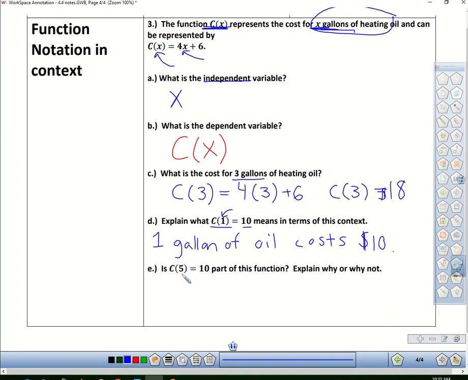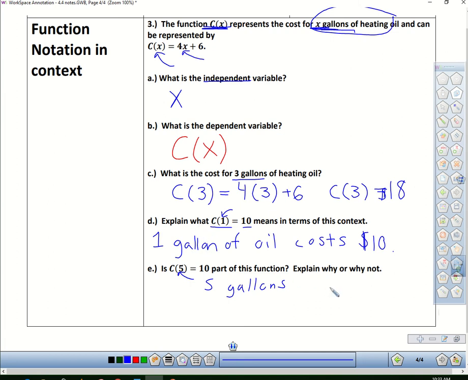Yeah. And the next one says, is c of 5 equals 10 part of this function? Explain why or why not. What do you guys think? No, because this means that we bought 5 gallons of oil, right? And 5 gallons of oil costs a lot more than $10, doesn't it? It would be 5 times 4, which would be 20, plus 6. It would be $26, right?